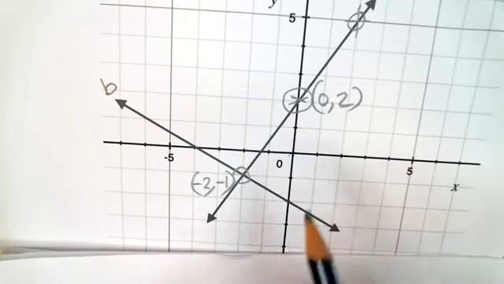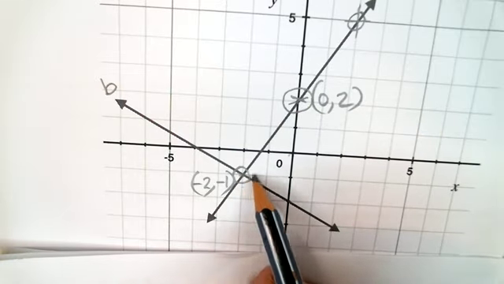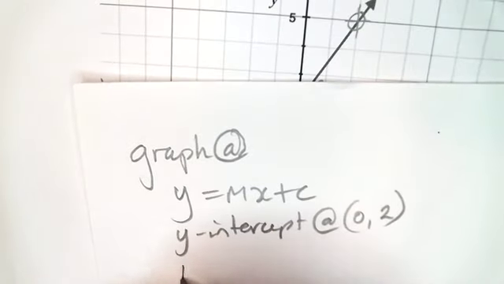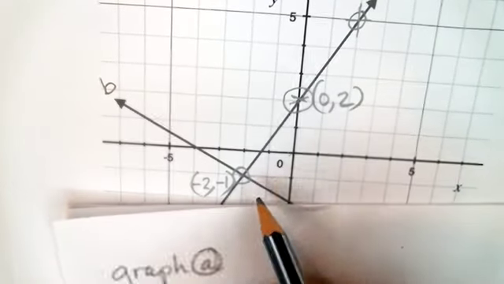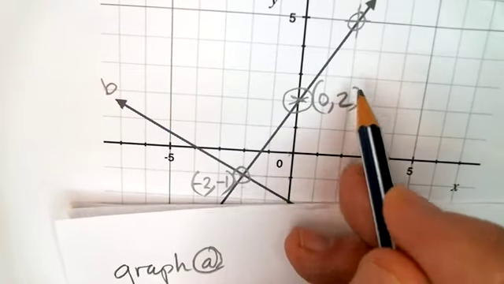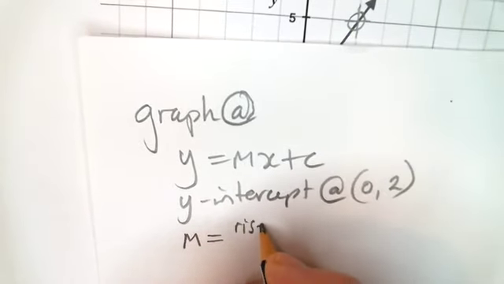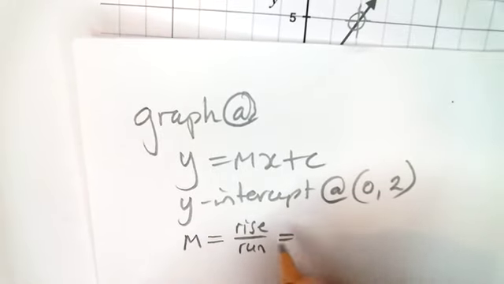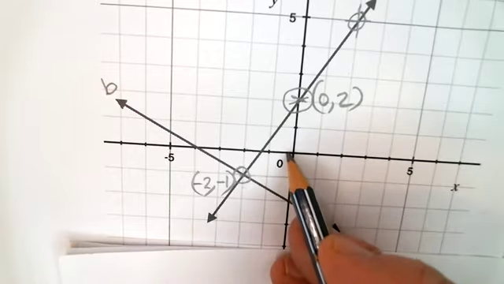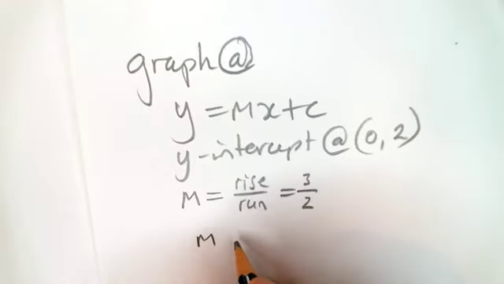If we start at the leftmost point we know and go to this point here, we go 2 along and 3 up. So the m value is rise over run, which is 3 over 2.